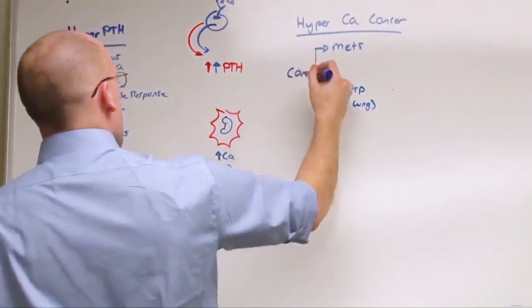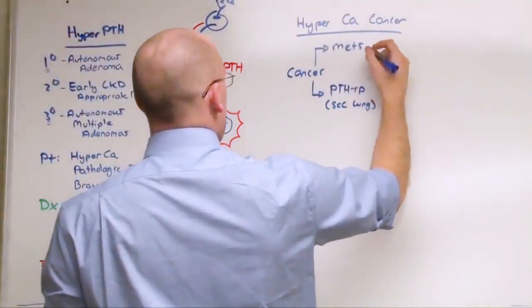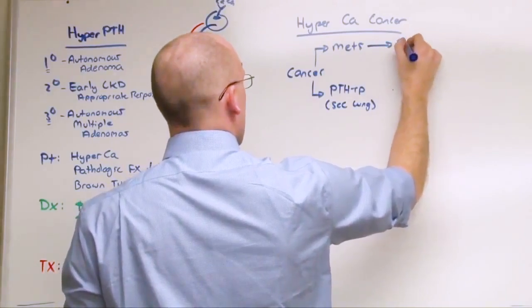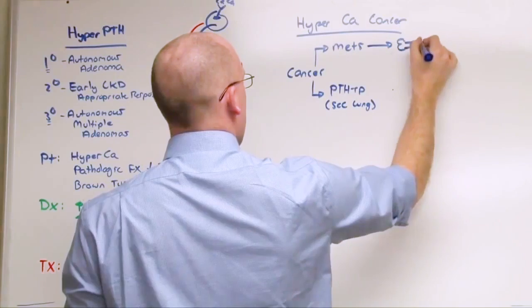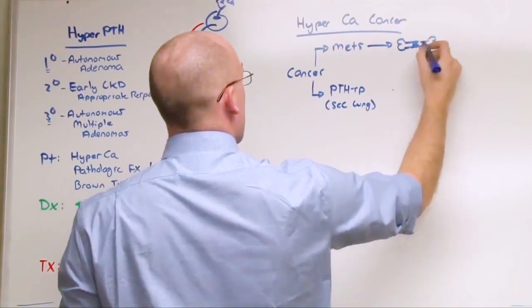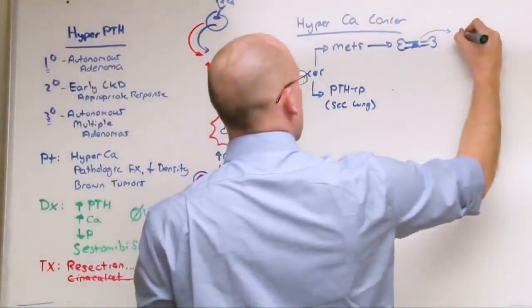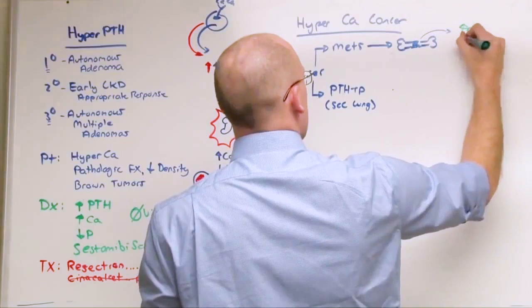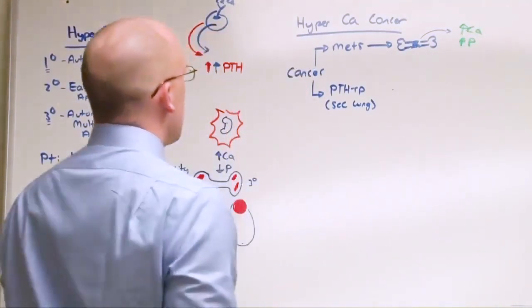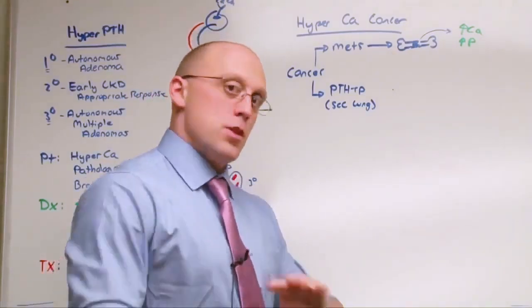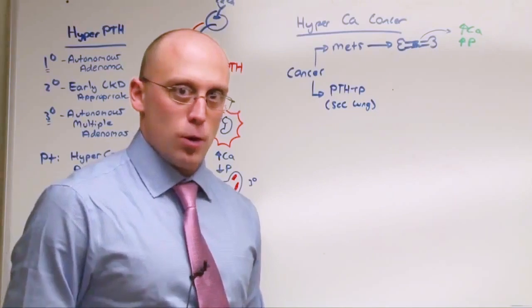When cancer is metastasized, it invades bone, and that causes a release of calcium and phosphorus. Now remember, the calcium sensing receptor in this case works. There's no autonomous secretion of parathyroid hormone.